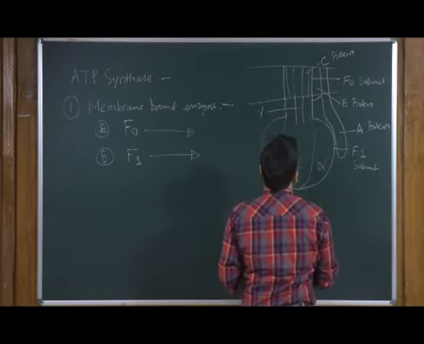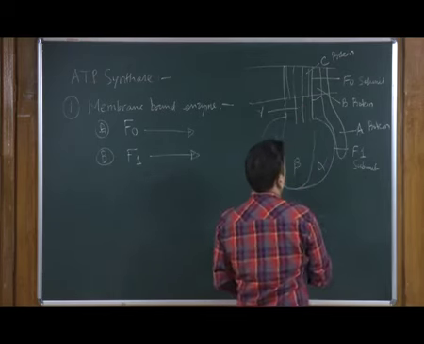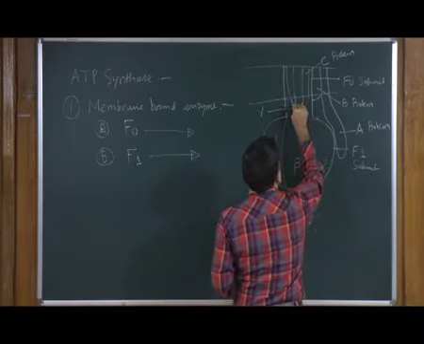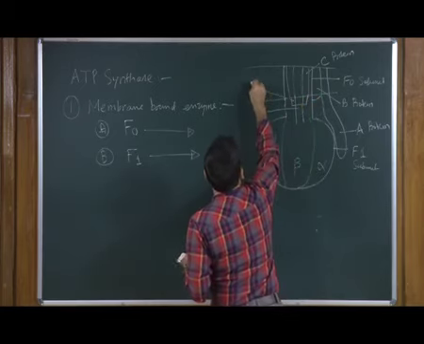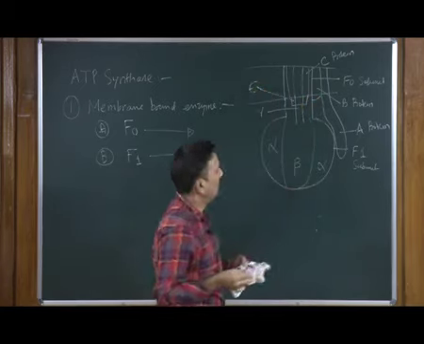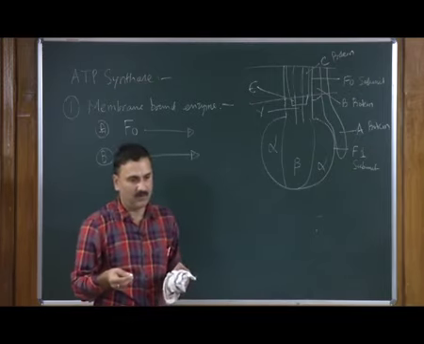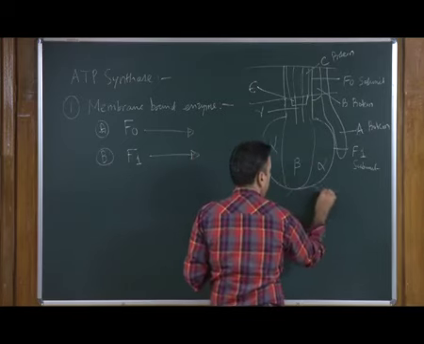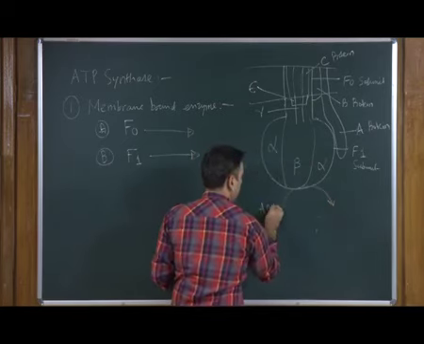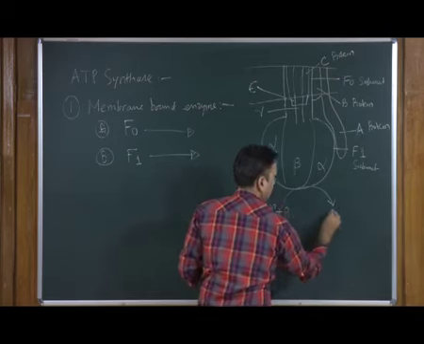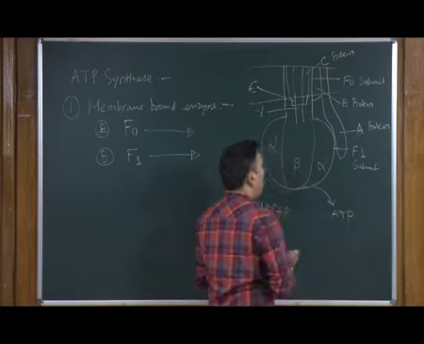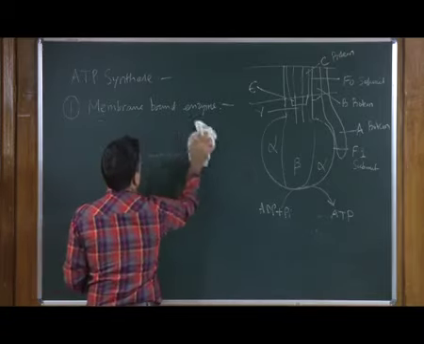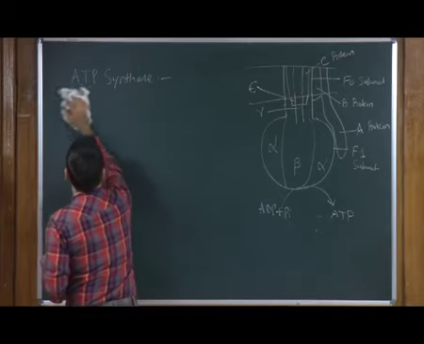So, this is the gamma, and apart from this they also have the epsilon, and so this is the structure which is responsible for converting the ADP plus PI to ATP. So, let us see how this happens. Okay. So, if I show you the working structure of the ATP synthase.